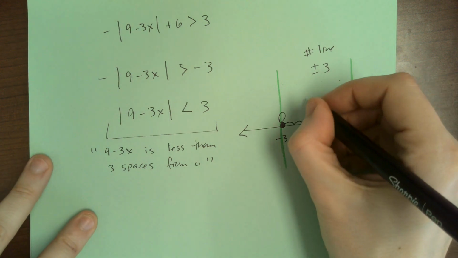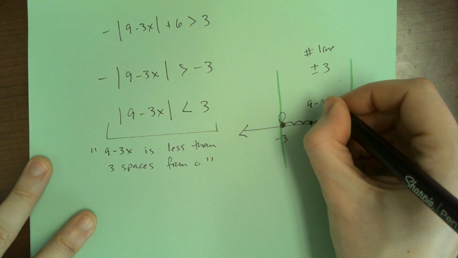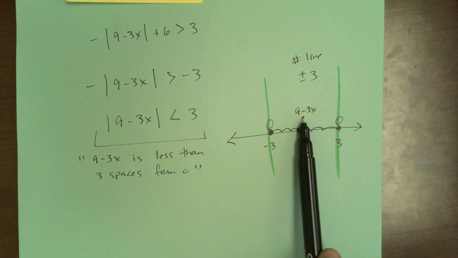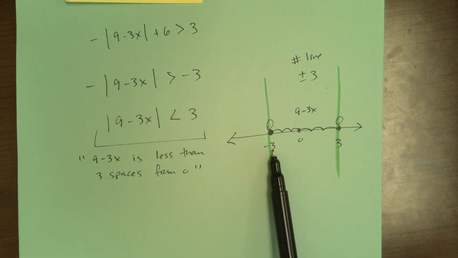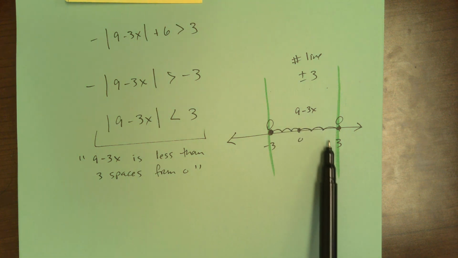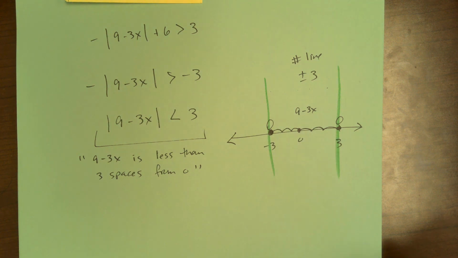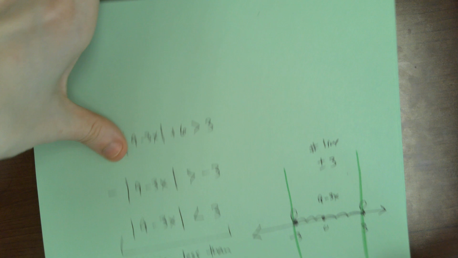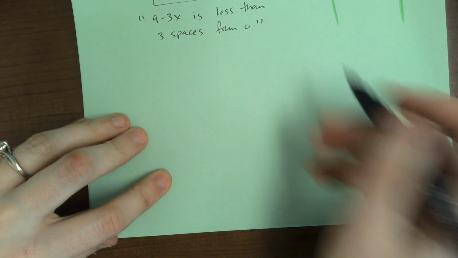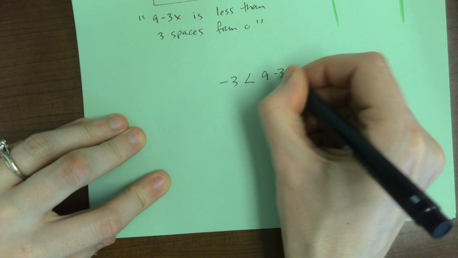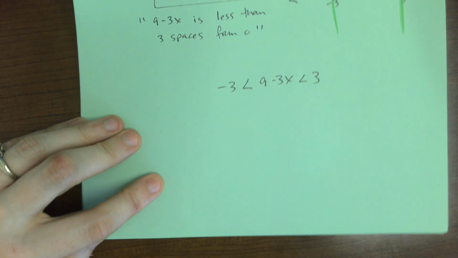So this 9 minus 3x is right here in the middle. It is greater than negative 3, but it is less than 3 in this middle section here. So we've got negative 3 is less than 9 minus 3x, which is less than 3.